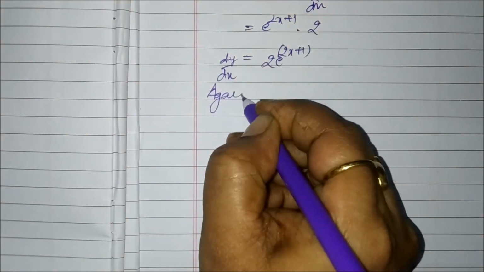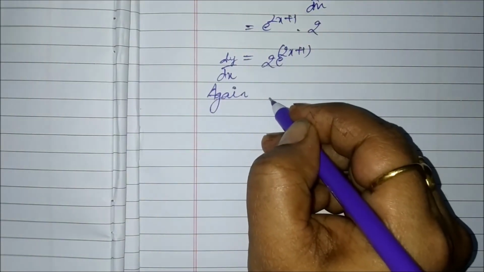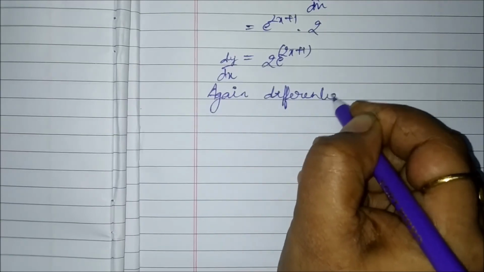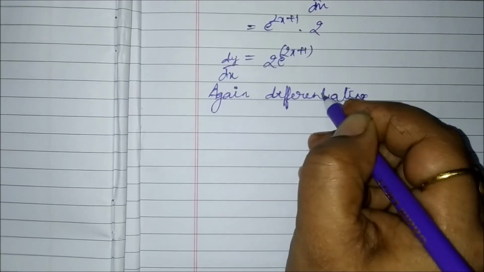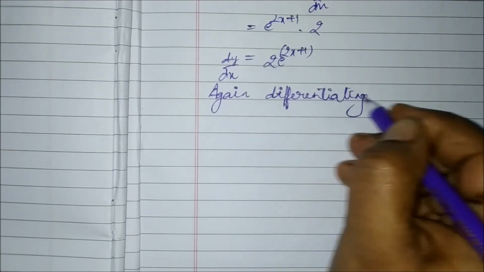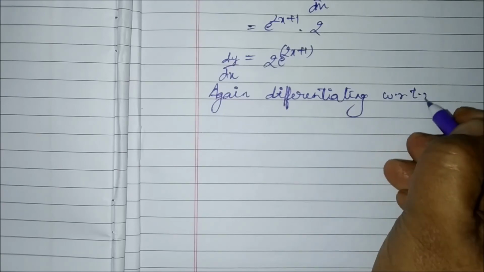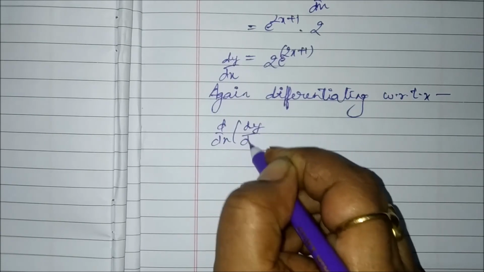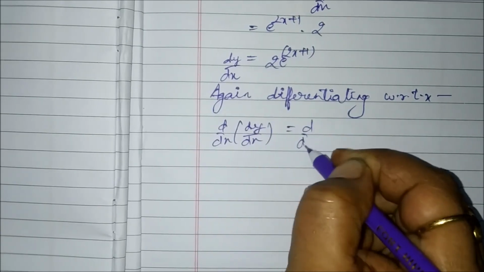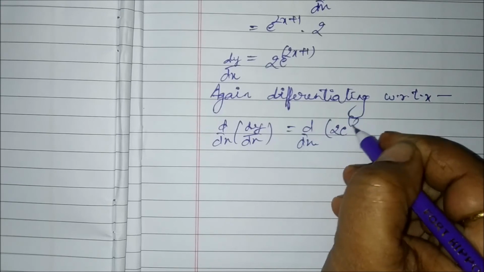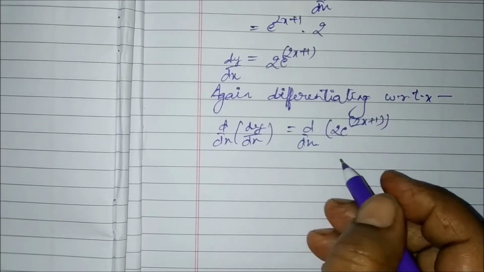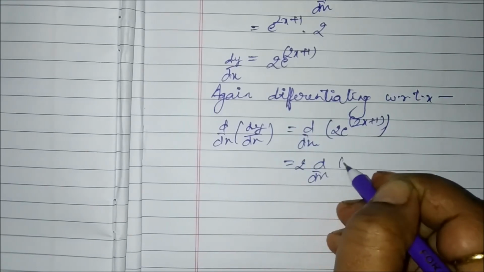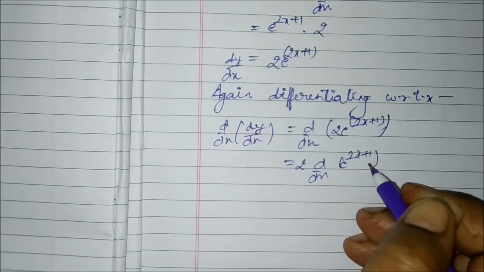Again differentiating to get d2y by dx2, that means second derivative. 2 will come here, we get d by dx of e raised to 2x plus 1.